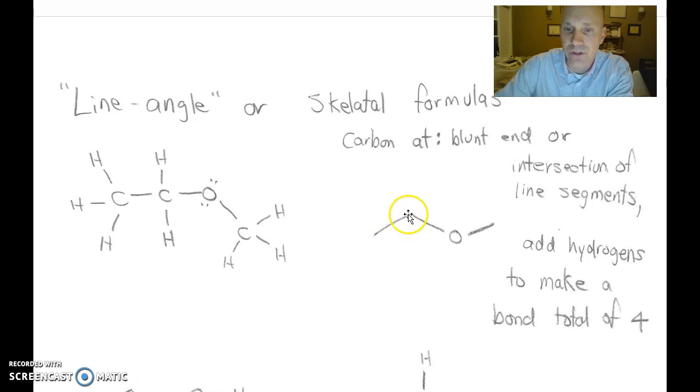If I were to draw it with this little kink right here, I would probably draw them on top. As you'll see in a little bit, it doesn't really matter whether you draw it like this or like this. To this guy right here, there's currently 1 bond which is drawn, so there would be 3 assumed hydrogens, so those would be right here. And again, there's only 1 bond to that carbon, so there's 3 hydrogens right there.